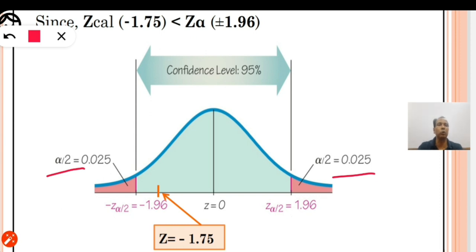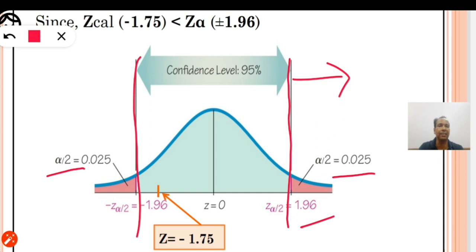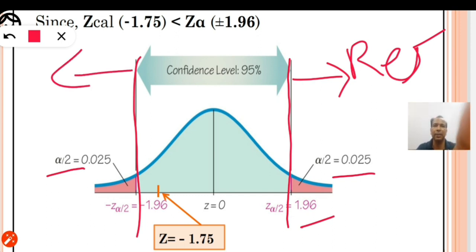That means in a two-tailed test, as I told you earlier, there are two critical values, that means two critical regions. This is the critical value, plus 1.96, and from this value towards the right side is the rejection region. This is the left side rejection region, shown in red.